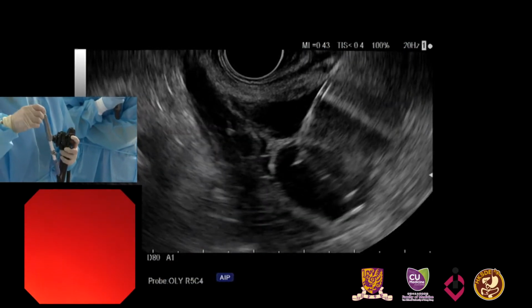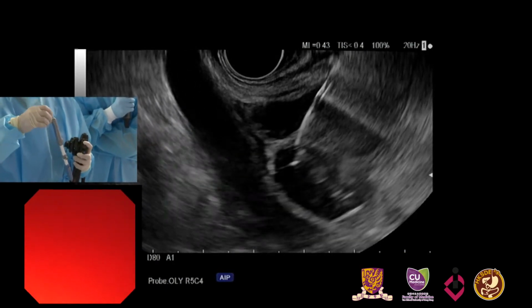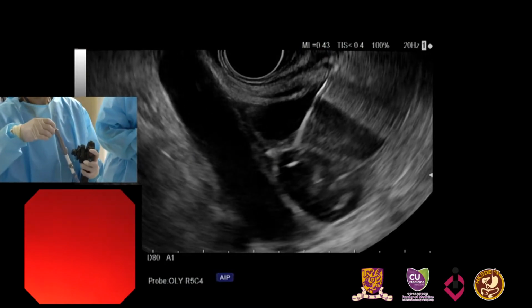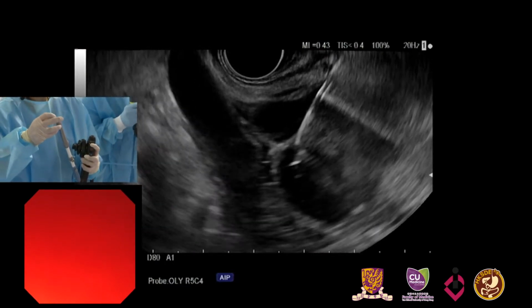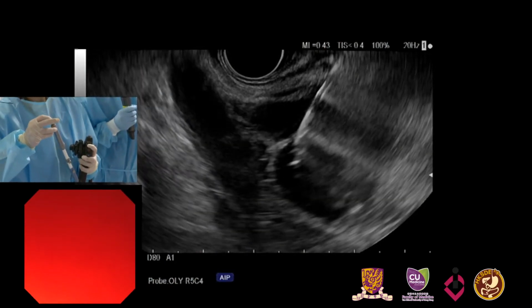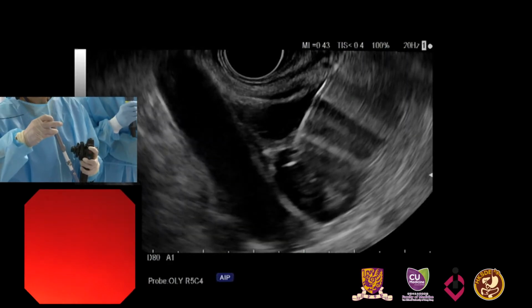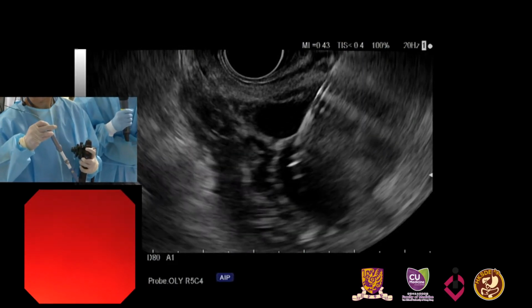I agree. So I call this kind of lesion, if there is no clear communication between the MPD and the cyst, this category will fall into the oligocystic cystic tumor.